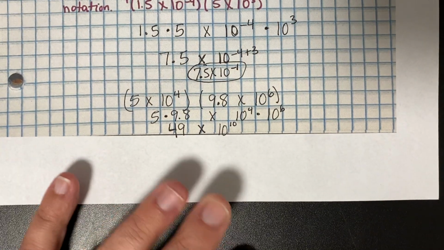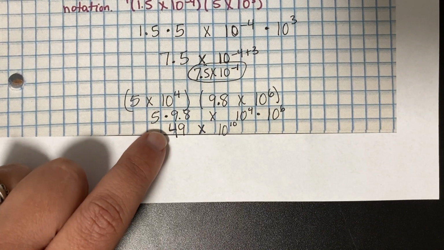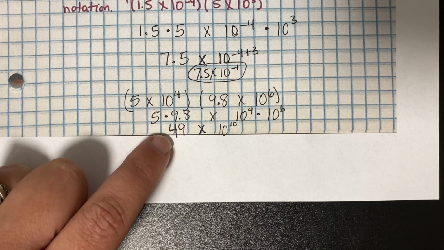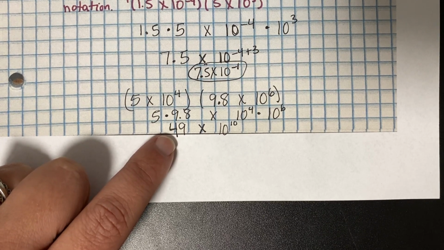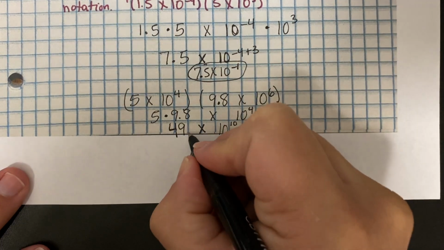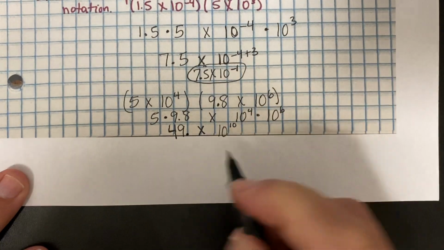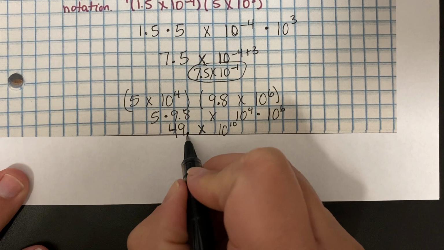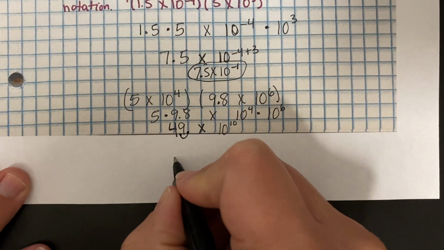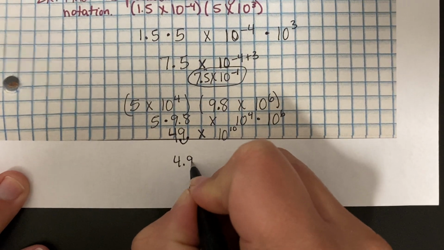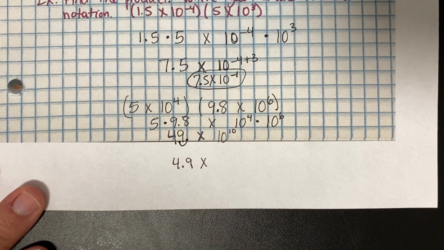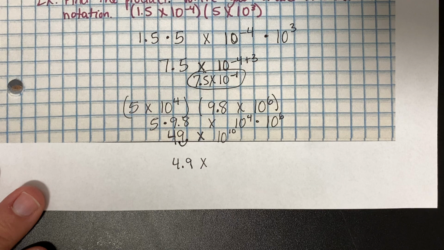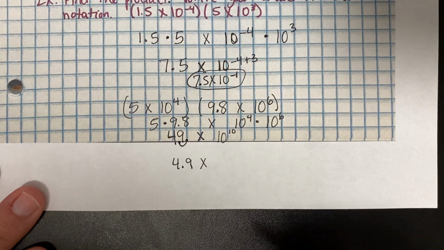Okay. Is this number in scientific notation form? It has one number in front of the decimal. The answer is no. So we have to change it. Okay. We're going to put our decimal at the end. We're going to move it over one space to make it 4.9. We took our bigger number and moved that decimal over one space.